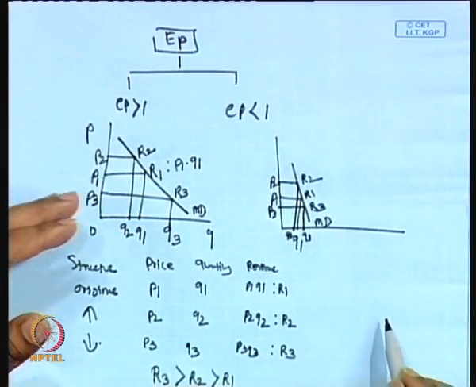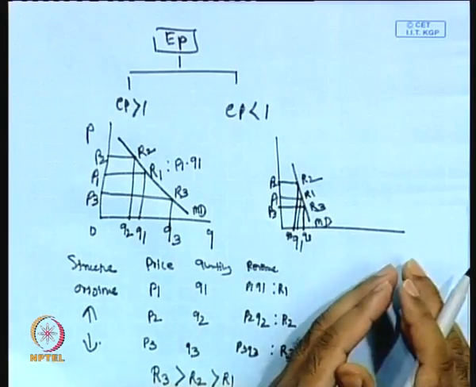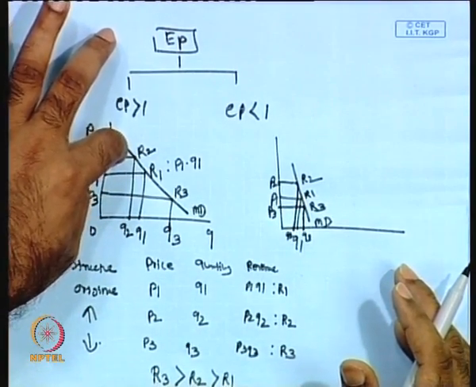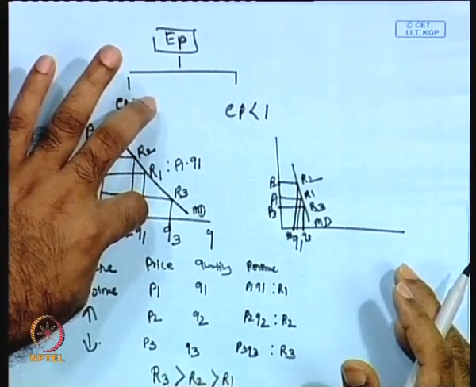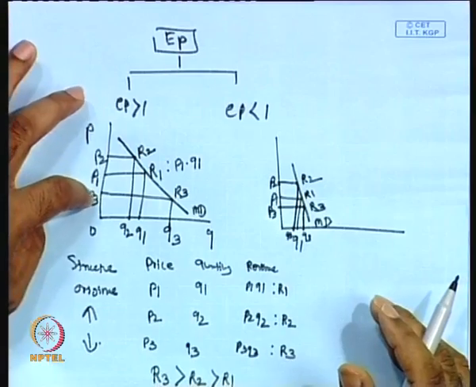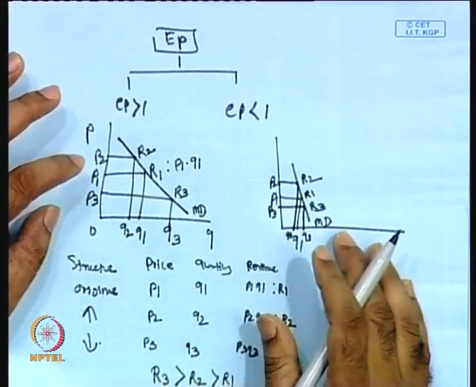Now you look here, this side and this side. Here a small increase of price will decrease the quantity at a very low rate. Again if we decrease the price, it increases quantity at a larger rate.